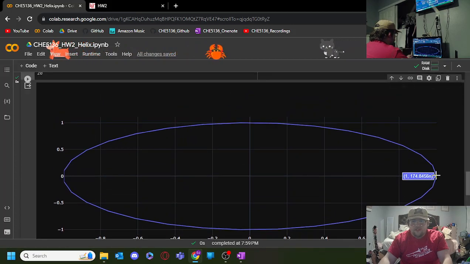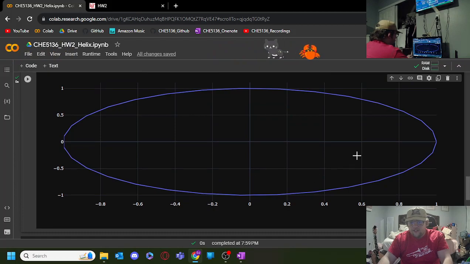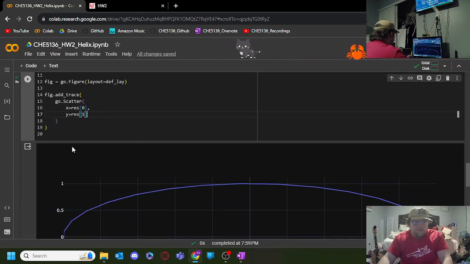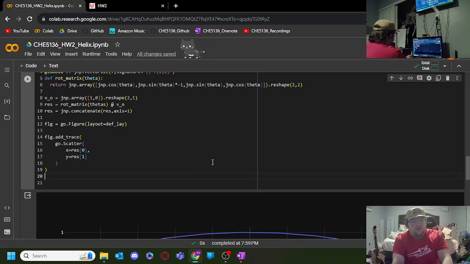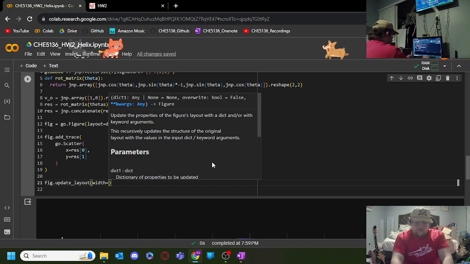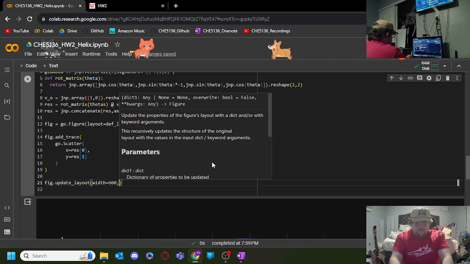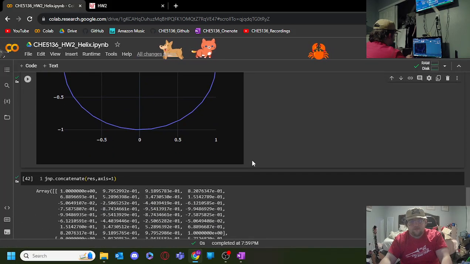As you can see, we do get a little circle, but it is extended because the ranges are weird. So if I go here, go fig dot update layout. There we go.